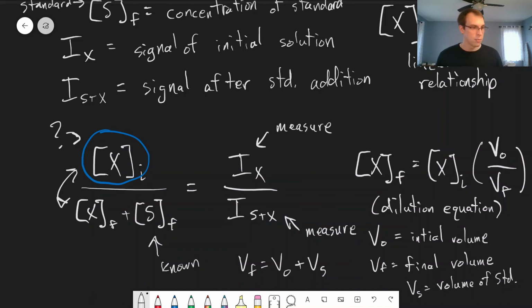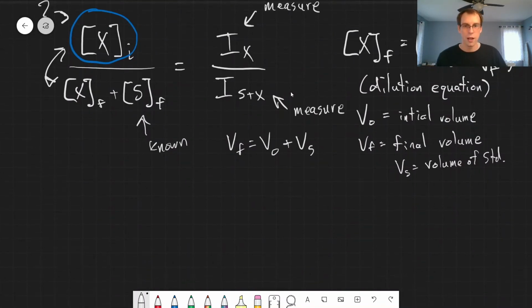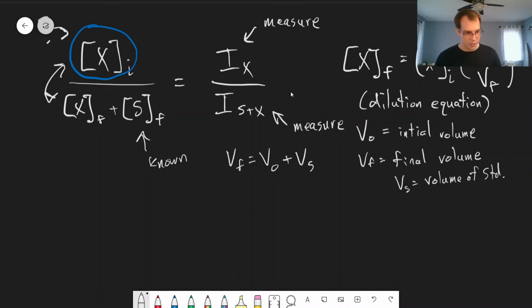Okay, so we can make a substitution here, right? Xf here on the bottom is related to Xi. And same thing for our standard. We can also write a concentration there that, similar to here, Sf is equal to Si.